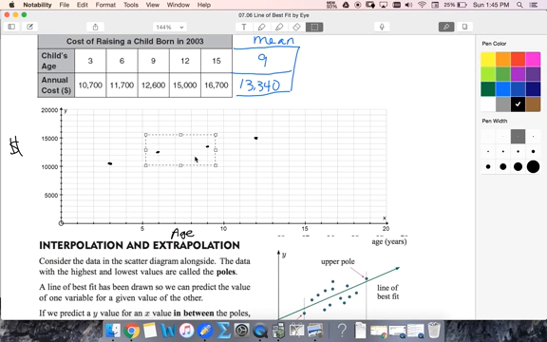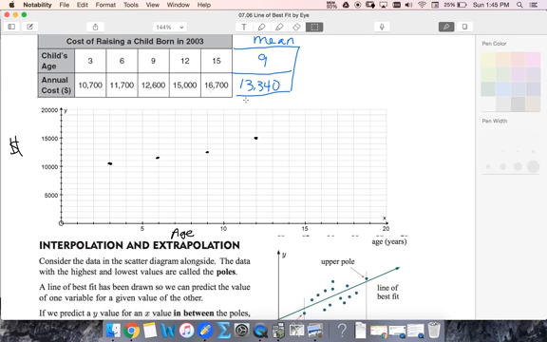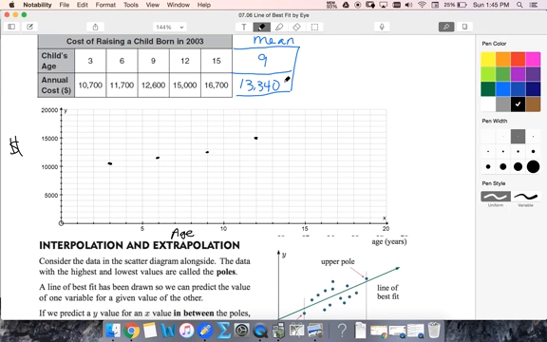Let's move those down a bit. Okay. And then 16,700. So about here. I'm going to plot my mean point in blue. 9, 13,340. So 9, and then 10, 11, 12, 13,340 is going to be about there.